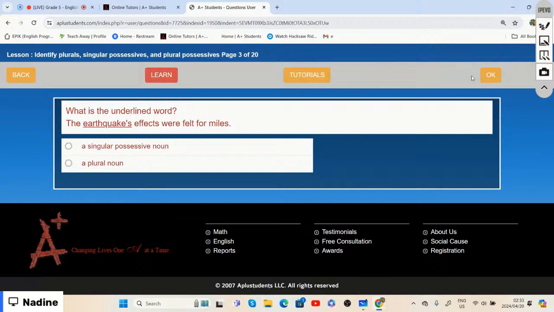The earthquake's effects were felt for miles.